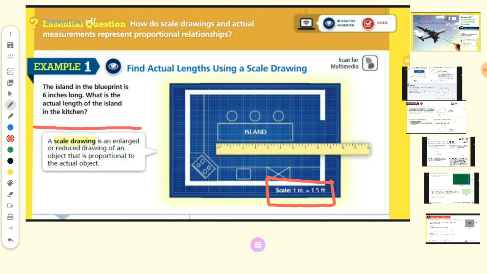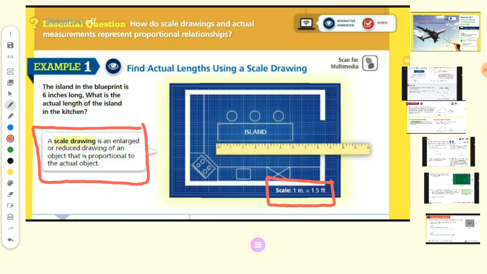So drawing scale is an enlargement or reduction, a drawing of an object that is proportional to the actual object. It may be a reduction, like the map, and it may be an enlargement, like a small insect. If you want to study a small insect, we have to enlarge it, so we have to get a new scale.